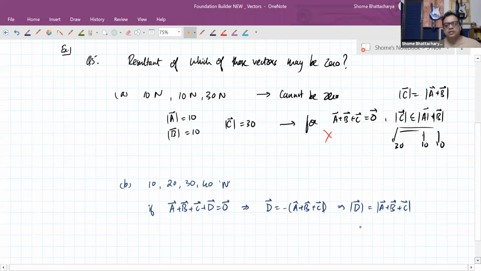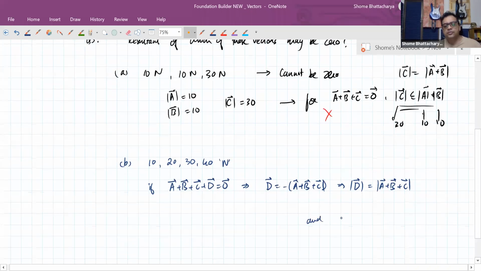Okay. And at the same time, what does this tell us? That the magnitude of D should be less than or equal to the magnitude of A plus the magnitude of B plus the magnitude of C. Okay, so here you can see D's magnitude is 40 and A's magnitude is 30, 20, 10, or whatever order you take, it doesn't matter.